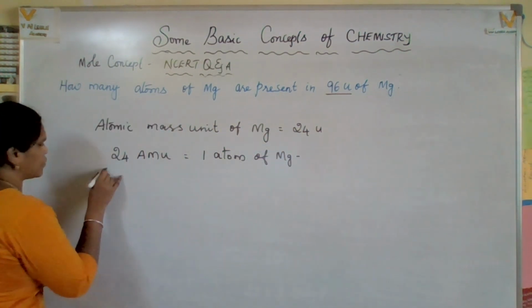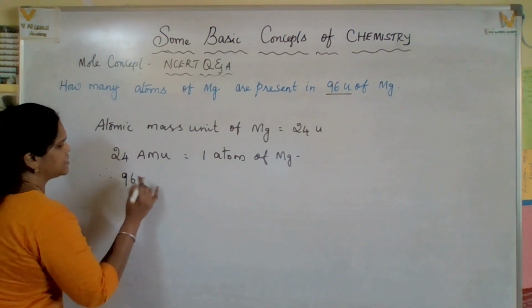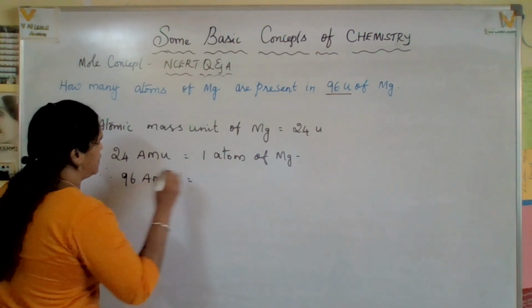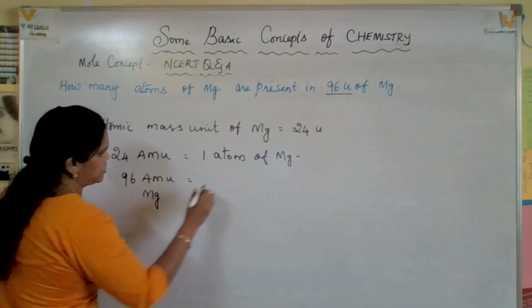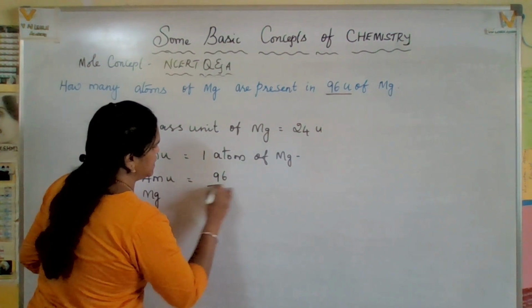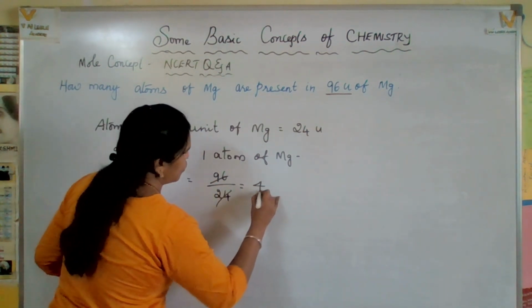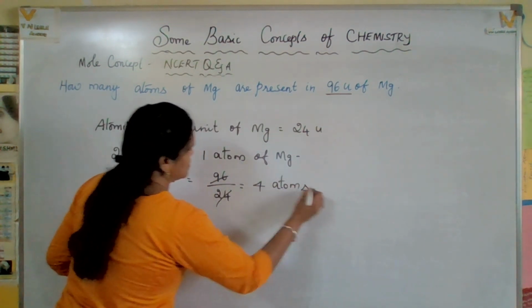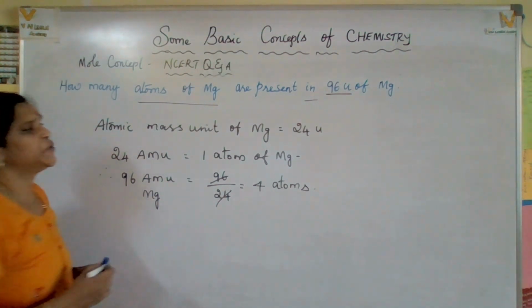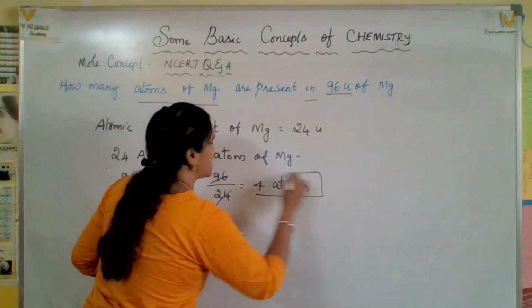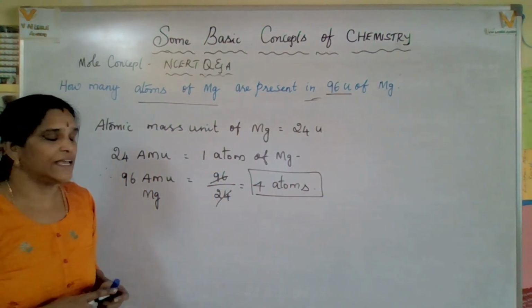Therefore, 96 unit, that is AMU, of magnesium: 96 divided by 24. So how much will you get? 4 atoms. Here, 4 atoms will be present in 96 unit of magnesium. Hope you're clear with this question.